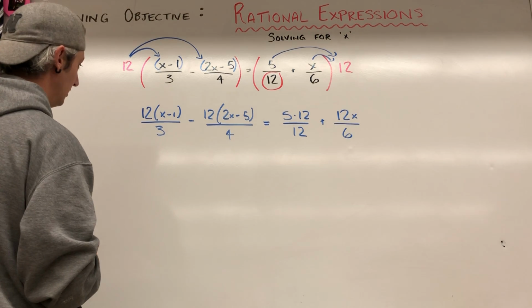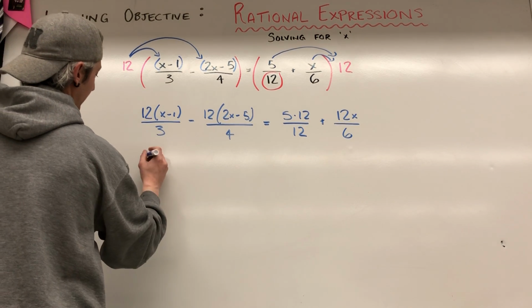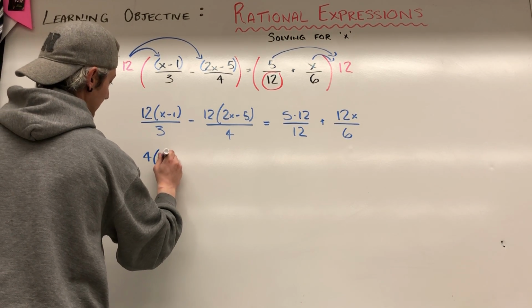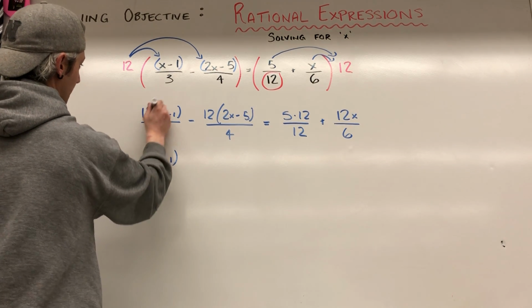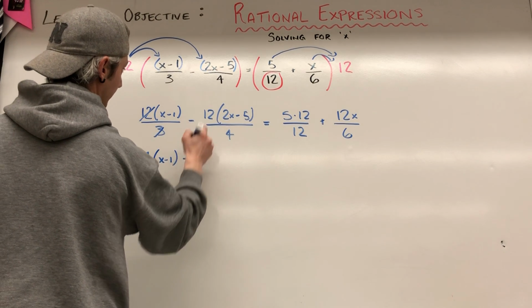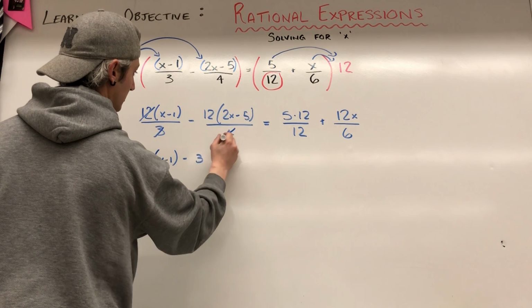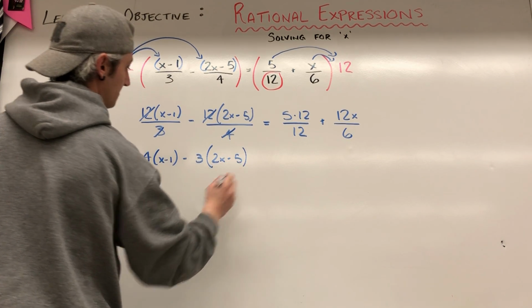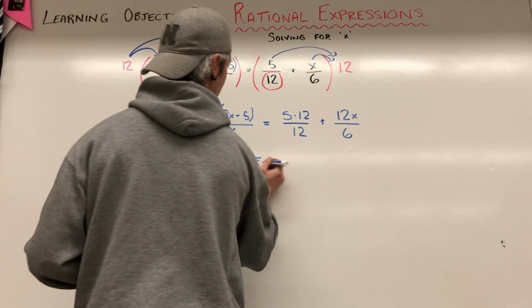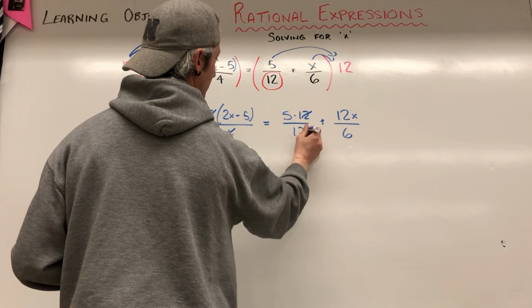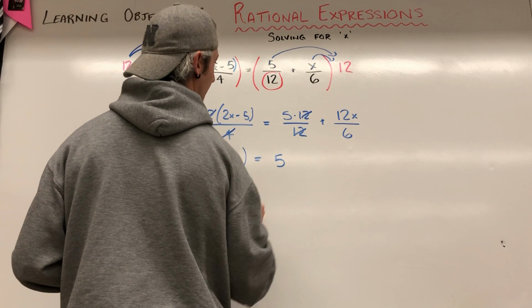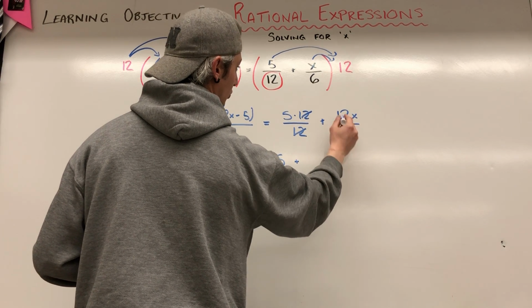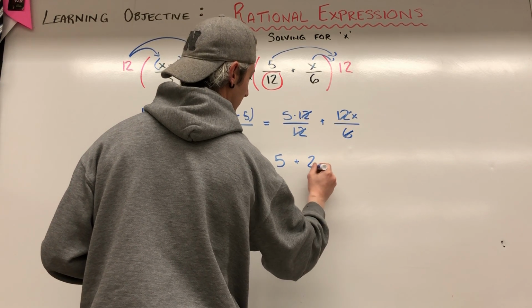So 12 divided by 3 is 4. That's going to get rid of that denominator. Minus 12 divided by 4 is 3. Is equal to 12 and 12 cancel here, is equal to 5 plus 12 divided by 6 is 2.